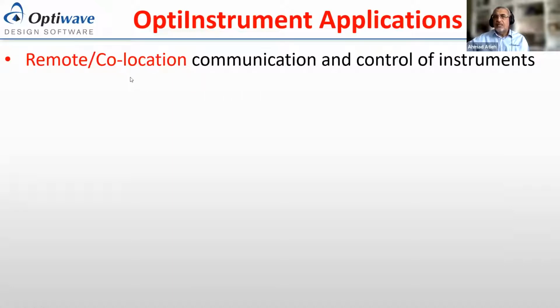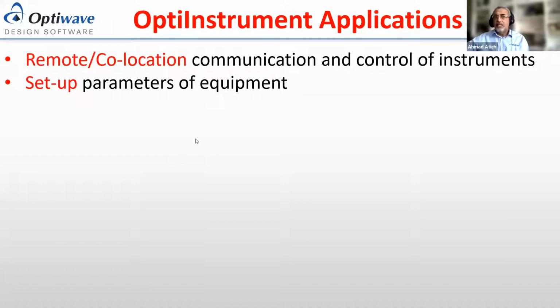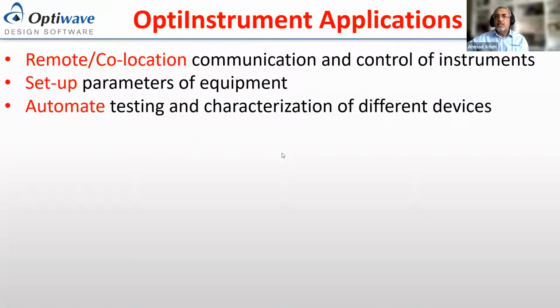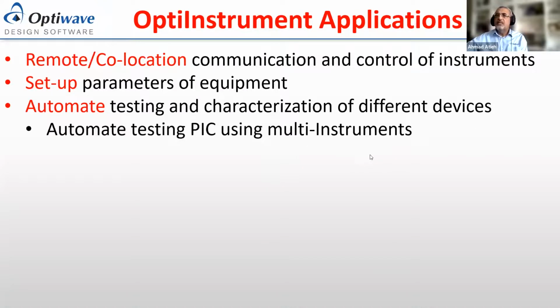These instruments can be remotely set or co-located with the host PC or laptop that has OptiInstrument installed on it. The software can be used to set up the parameters of the equipment, and also to automate and characterize the different device modules in the setup.